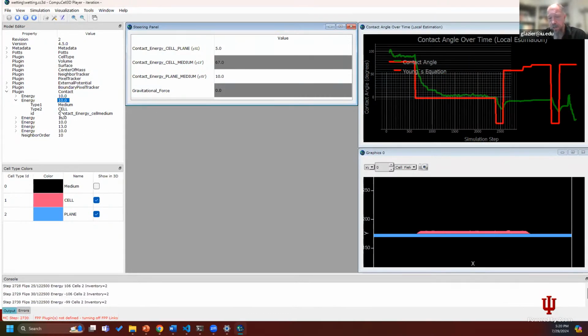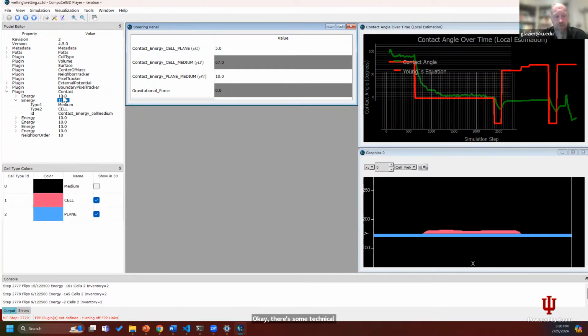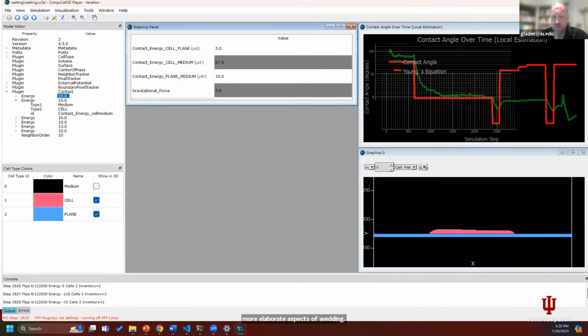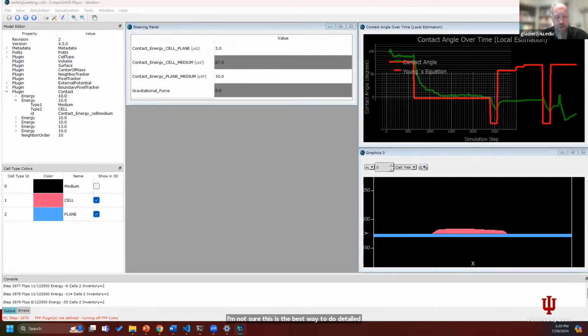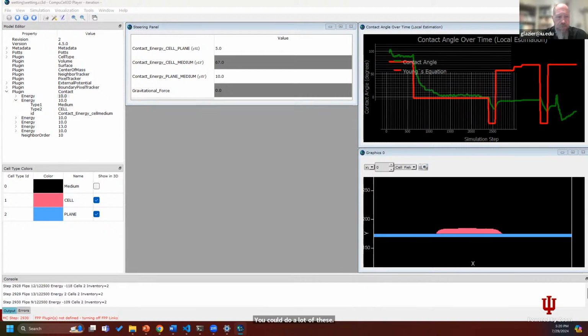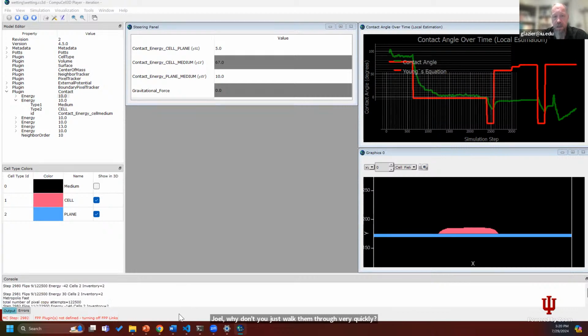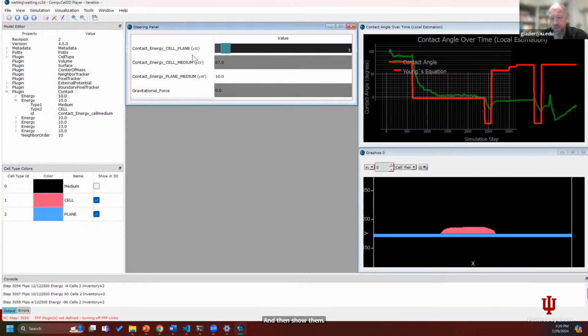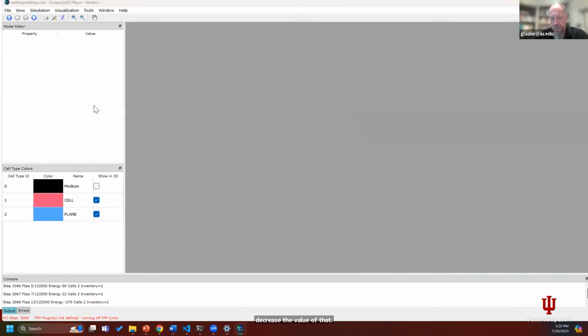There are some technical questions about simulating more elaborate aspects of wetting. I'm not sure this is the best way to do detailed fluid dynamic calculations, but yes, you could do a lot of these. Joel, why don't you walk them through very quickly what the meaning of each line in the slider is, and then show them one at a time what happens when you increase and decrease the value of that slider, and then we'll go on to the next one.